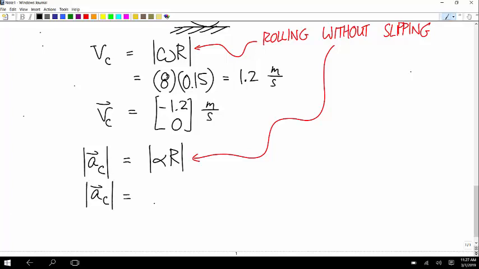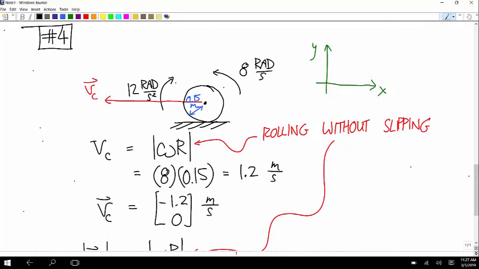And so this is equal to 12 times 0.15, and so that's 1.8 meters per second squared.